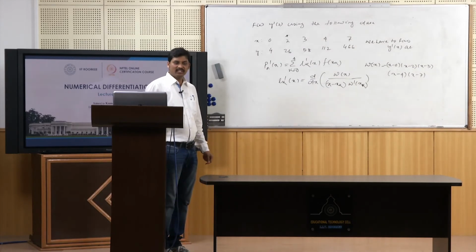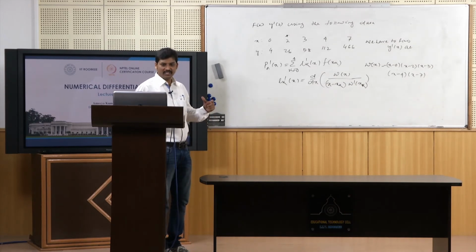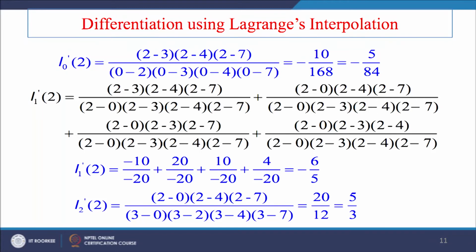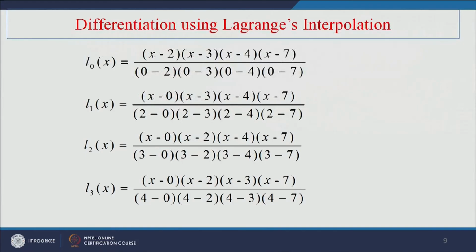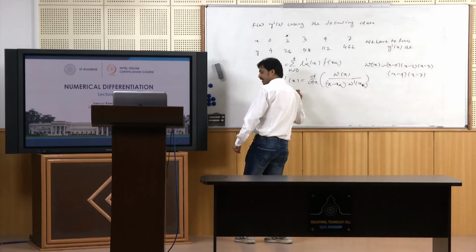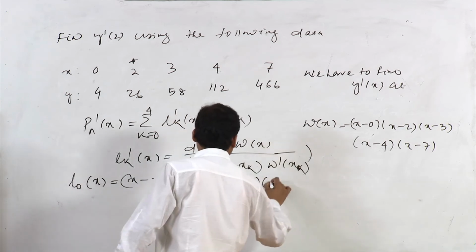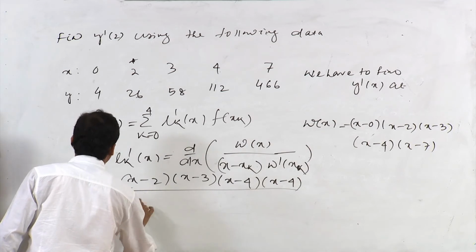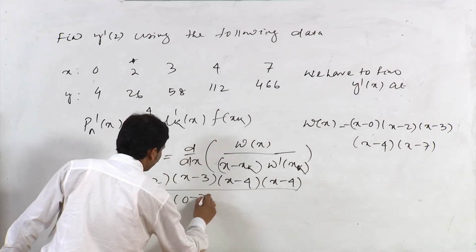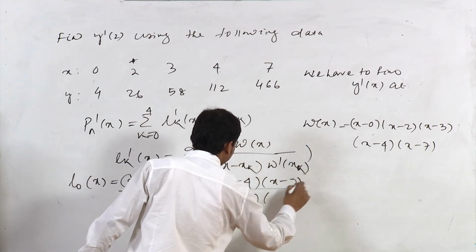And obviously, suppose at a point 2, if you see the first function L0 at 2 here, since at a particular point we are evaluating, L0(x) is represented in the form of x minus 2, x minus 3, x minus 4, x minus 7 divided by 0 minus 2, 0 minus 3, 0 minus 4, 0 minus 7, this one.